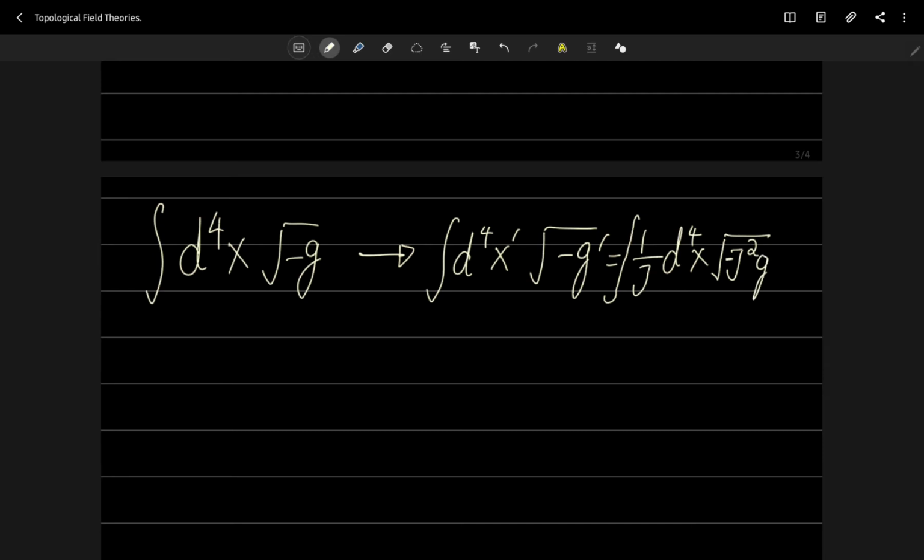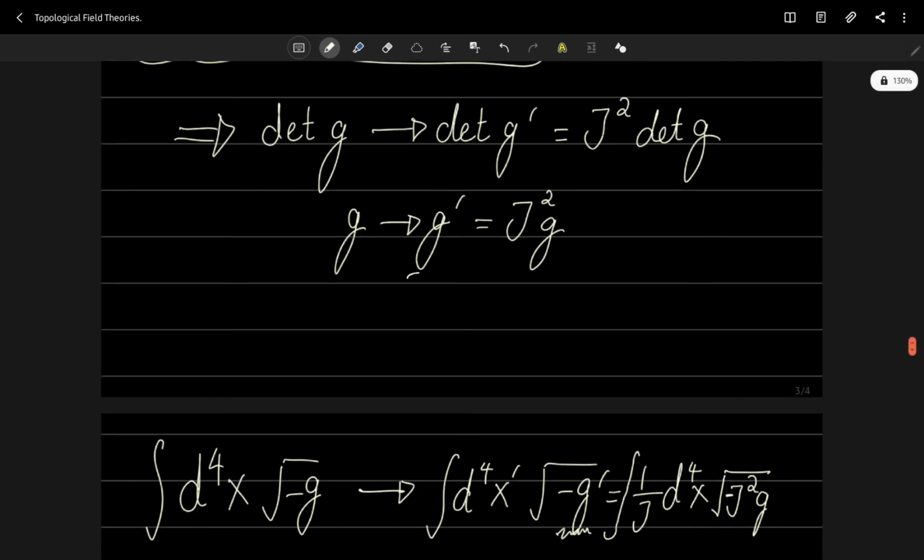There is a negative sign, so it's the square root of negative j squared times g. I have simply substituted the value for this from here, right?